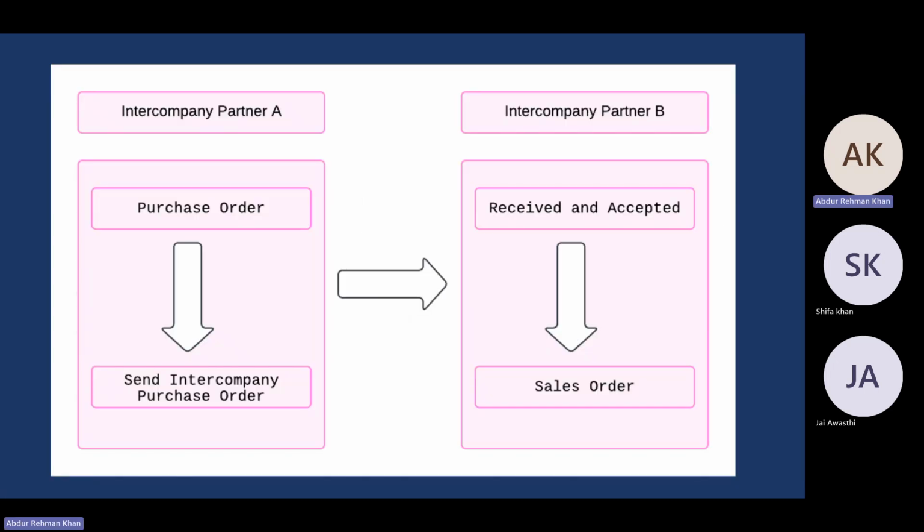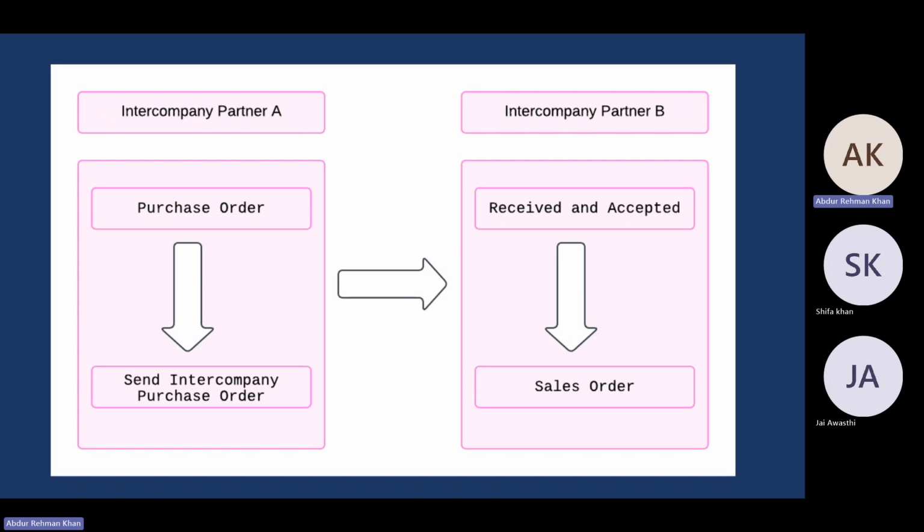So this is a flow diagram which depicts the intercompany transaction, in which I have created two intercompany entities, intercompany partner A and intercompany partner B. Suppose, for instance, we have created a purchase order and we want that, without any manual entry, the same sales order should be created in another entity, which is intercompany partner B. So in that case, we have to create a purchase order in entity A, and then we will send it through Send Intercompany Purchase Order.